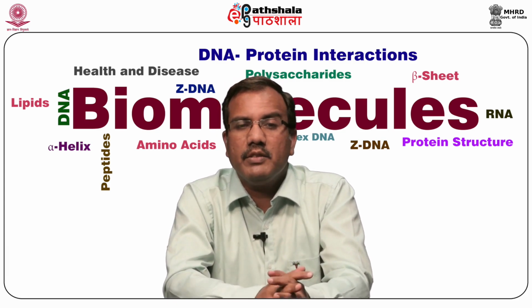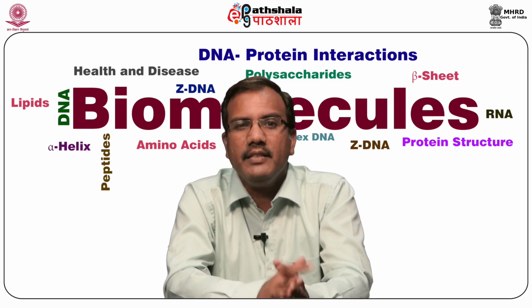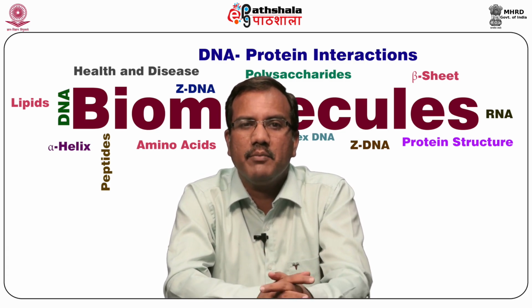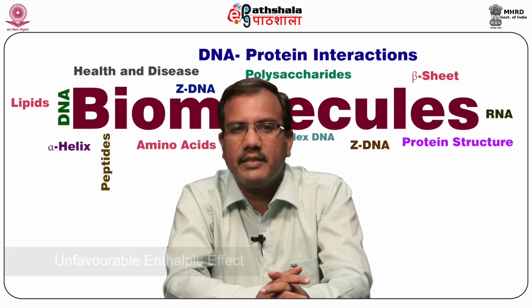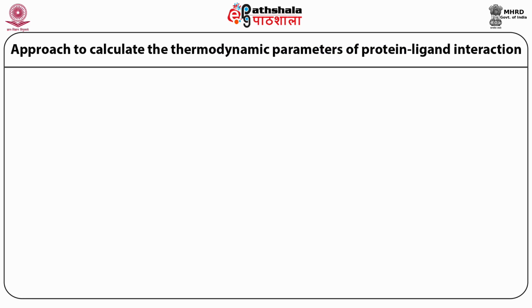Many water bonds with protein or ligand need to be broken during ligand binding, and that has an unfavorable enthalpic effect. Now the question is how to calculate thermodynamic parameters for protein ligand binding. As we know, it is very difficult to know what the enthalpy change is, since a lot of bonds are getting formed or broken during a protein ligand interaction.